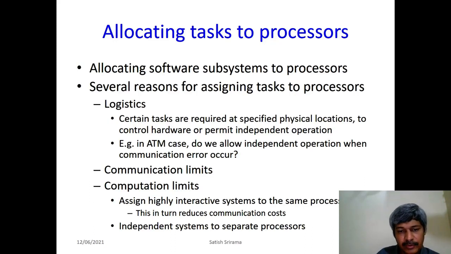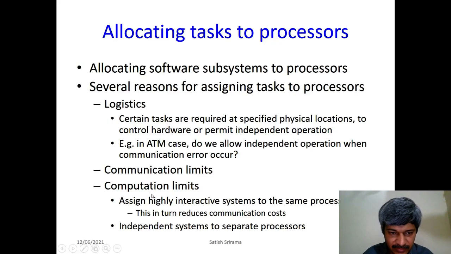Then you should also be worried about communication limits. If the subsystems have to communicate a lot and exchange a lot of data, then you should worry about the bandwidth between these subsystems. Where you execute these processes is also critical. If a lot of communication has to happen, it is better to run them on the same processor.